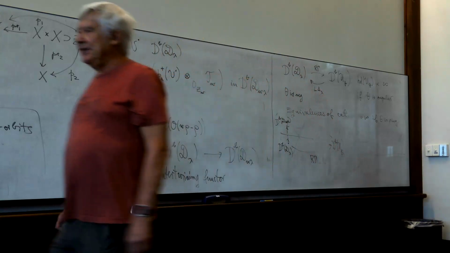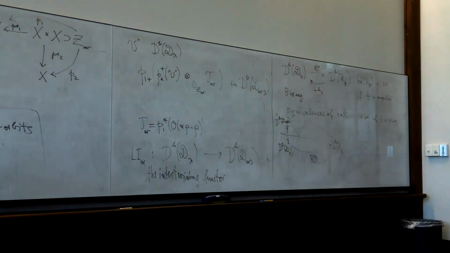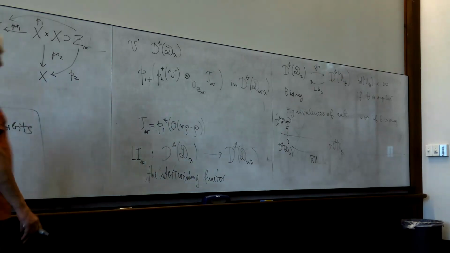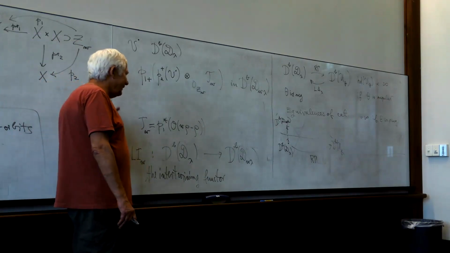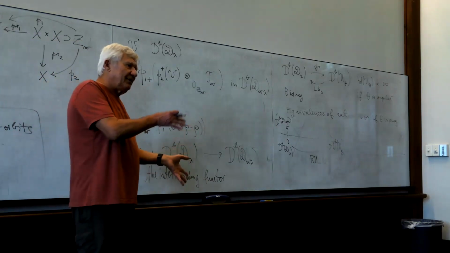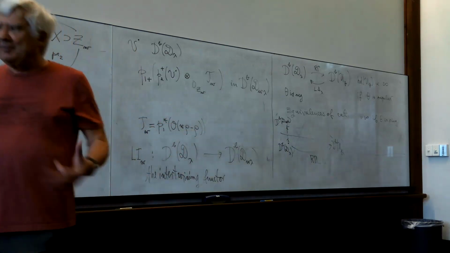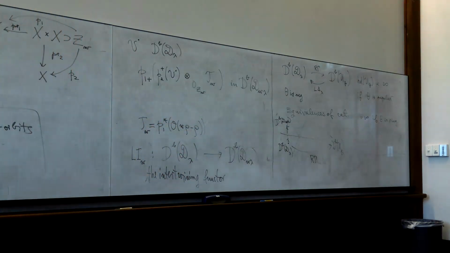So this simplifies the discussion, and I think this is one of the factors which lets you establish it. So in this situation, the relationship with quasi-coherent sheaves becomes important.